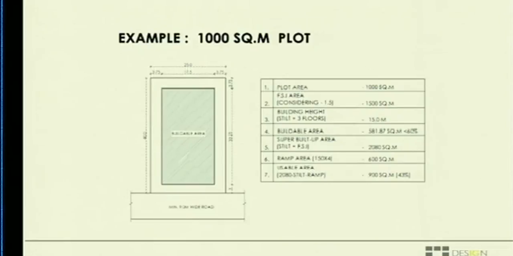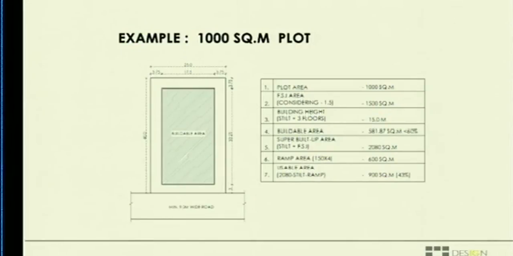Just 2 more slides and I'll close. There is a building height limitation, so you can build maximum 15 meters, which means stilt, which is meant for parking, plus 3 floors. And there is a coverage limitation.